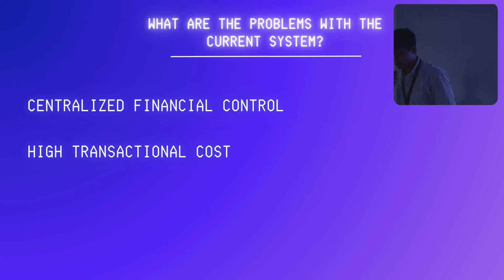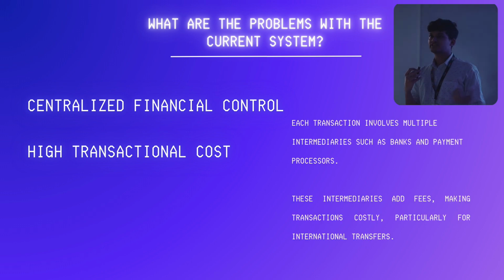Other than that, there is also a high transactional cost. That is pretty direct. Every time you tap or do any transaction, you have to pay a transaction fee. Well, not that hefty, but it is still there. It's much more for people who want to transfer internationally.